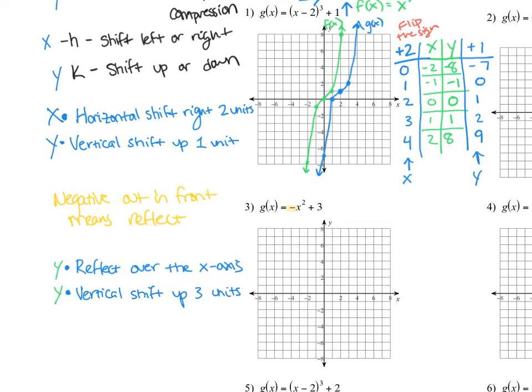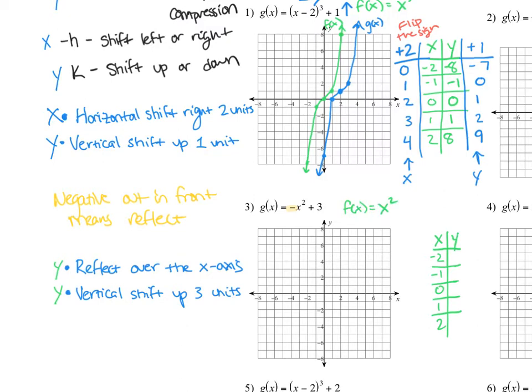And to take a look at how this happens, let's graph our parent function. Again, you're not required to do this, but I find that this helps me. So again, I'm going to use the points -2, -1, 0, 1, and 2. And then I'm going to plug these into my parent function of x squared, because this has a squared on it.